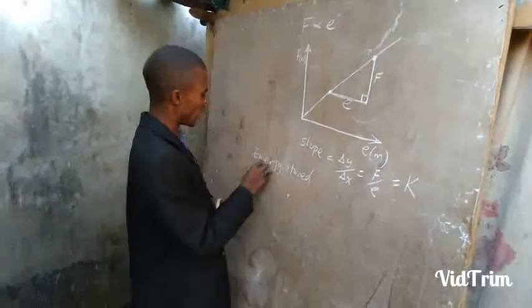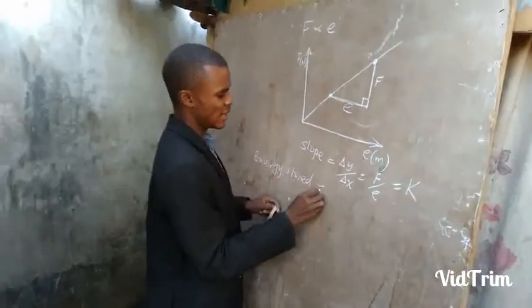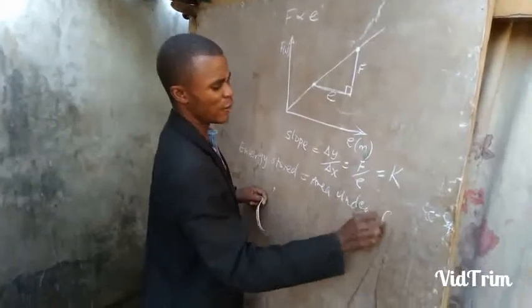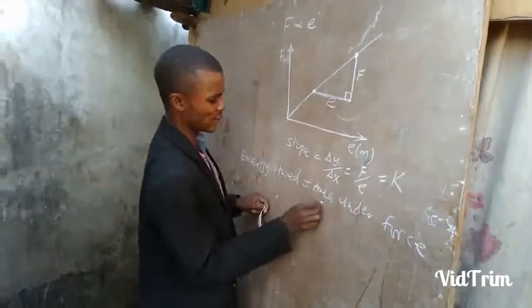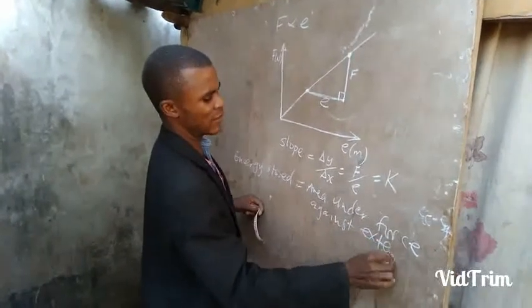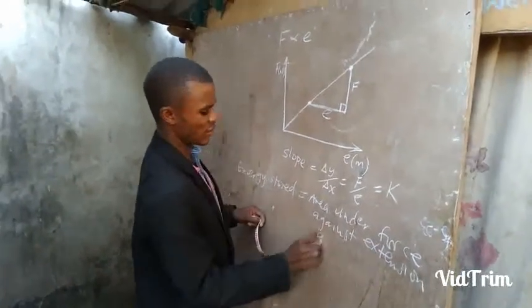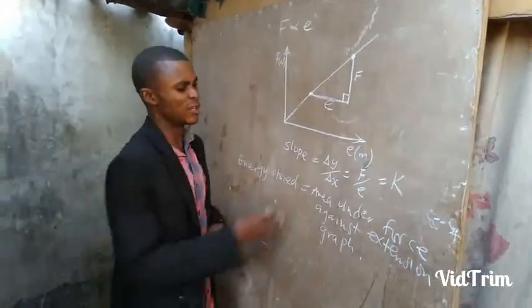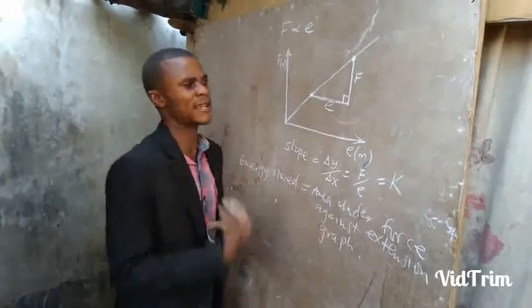That means energy stored equals the area under the force against extension graph. So anytime you want to get the energy stored, you use the area under force against extension.